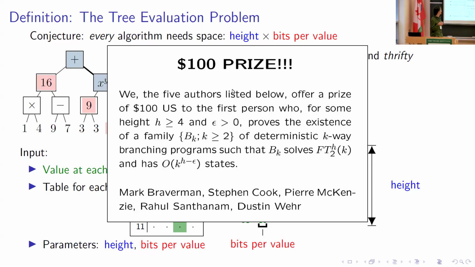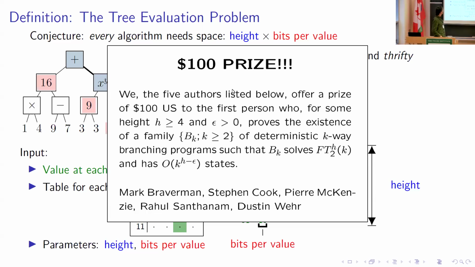This is from Mark Braverman, Stephen Cook, Pierre Mackenzie, Rahul Santhanam, and Dustin Ware. This is stated kind of in different terminology, but what it comes down to is if you can beat this conjecture by even a tiny little bit, you get the prize.